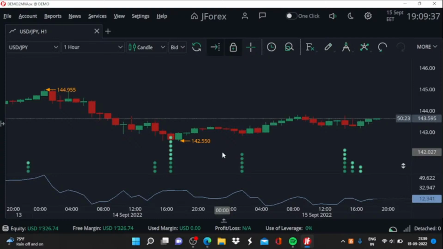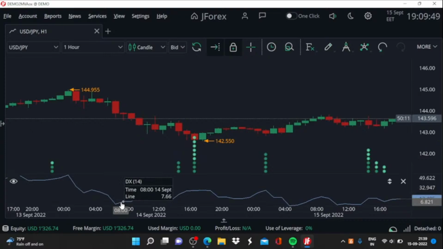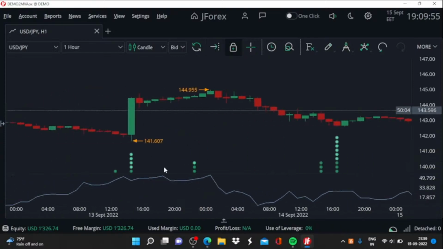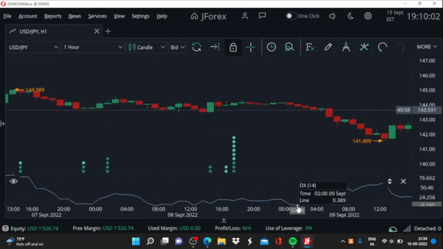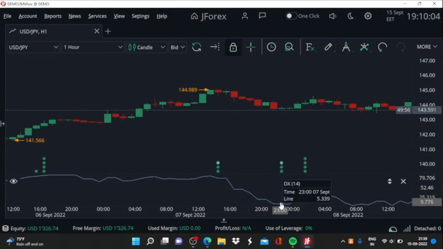But if we have the negative directional index above the positive directional index, then of course the value is going to be negative, indicating the bearish sentiments prevalent in the underlying instrument. So we have to pay attention to this output value. We will have it in positive territory as well as in negative territory, depending on how the momentum is unfolding.